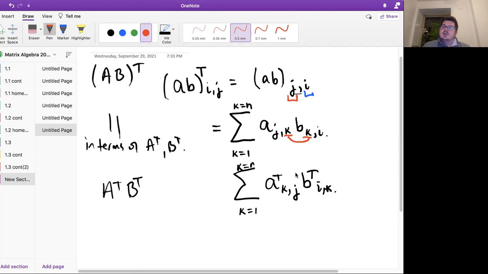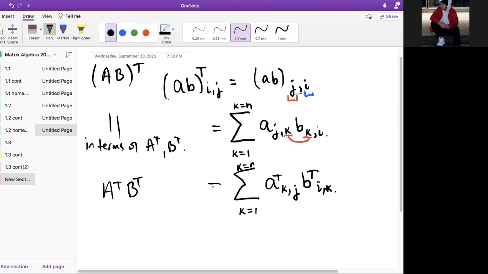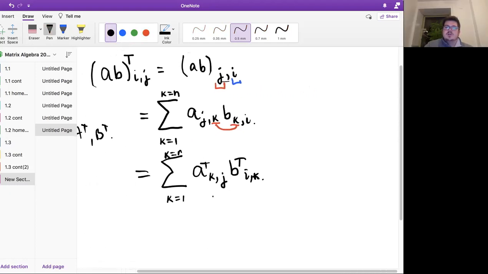Can you say what you're confused about? At what point does it become confusing? Could you go over that second summation, the A transpose KJ? This one here? So this is just the formula for the transpose of a matrix. If I want to look at IJ, let's just give an actual number.